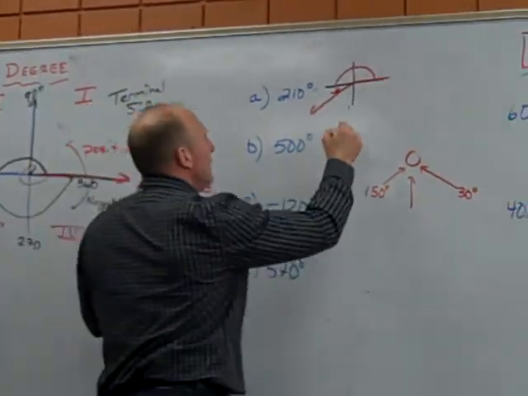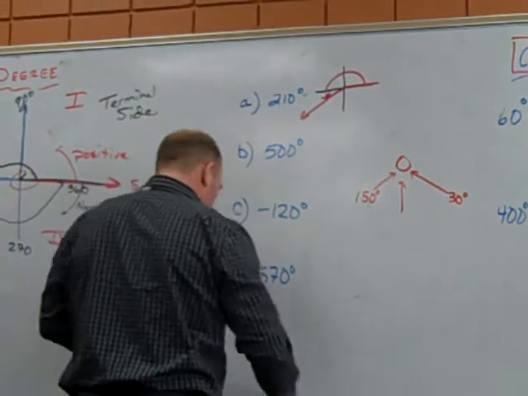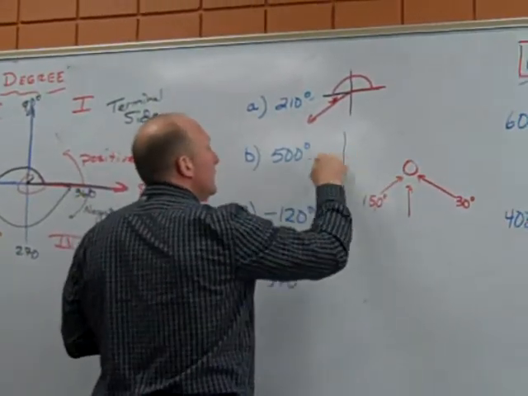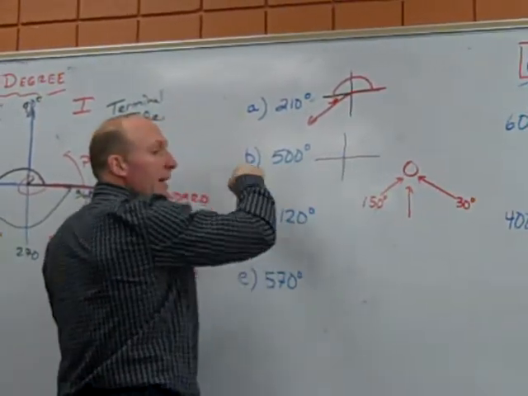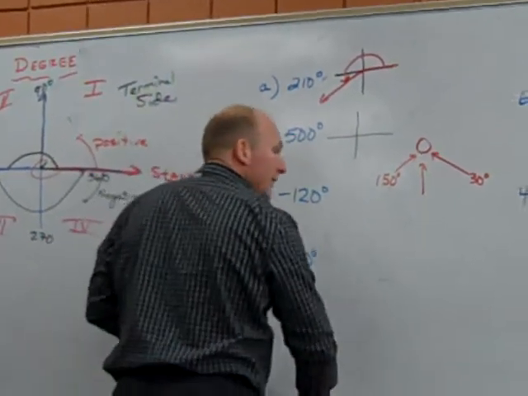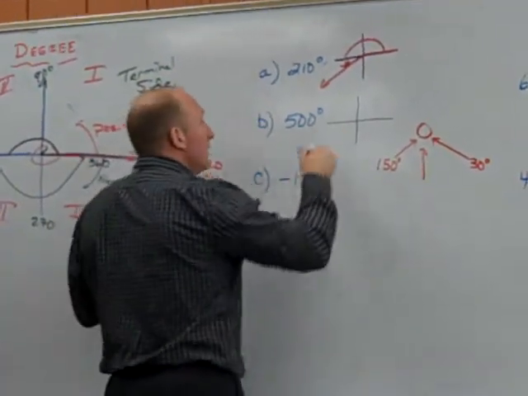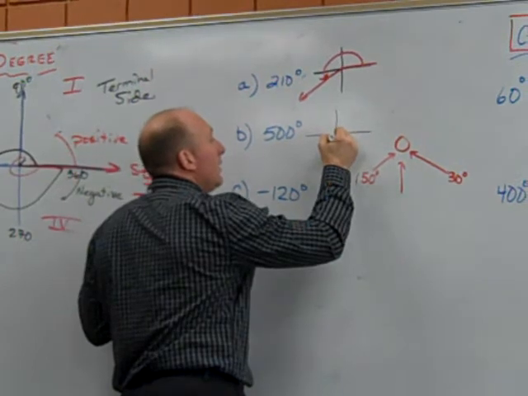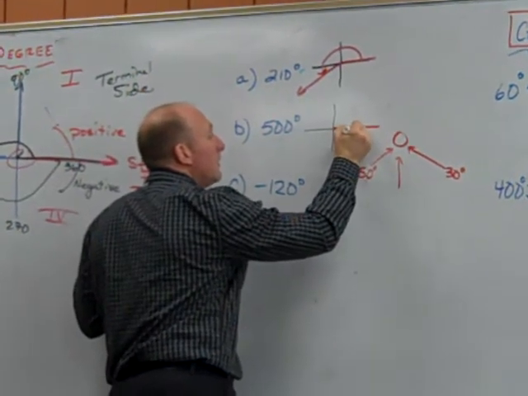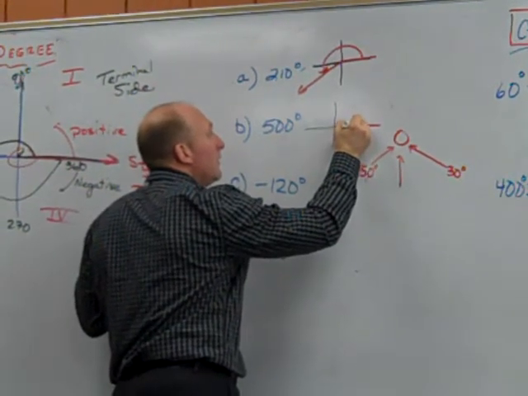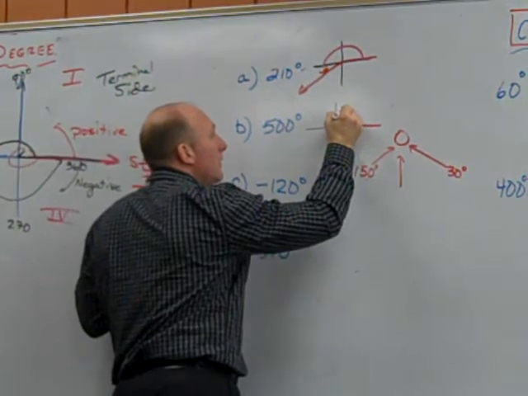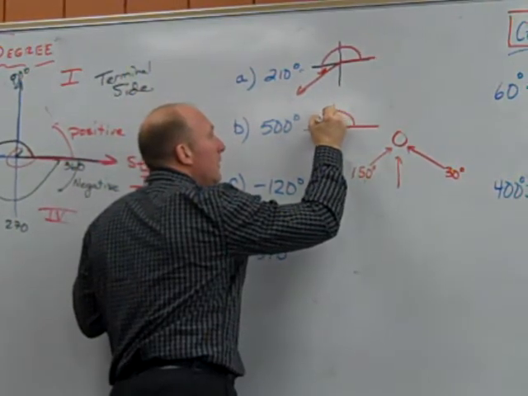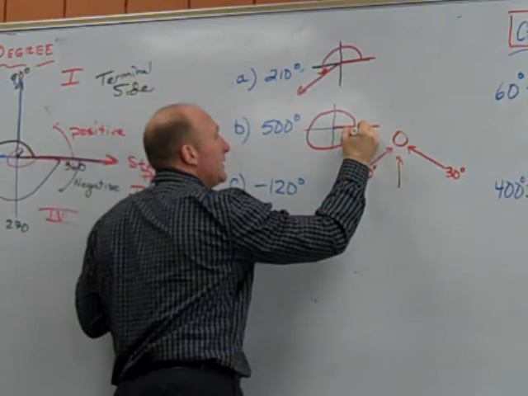Go through 360 and then go. Sam, this is letter B. Okay, here we go. 360.